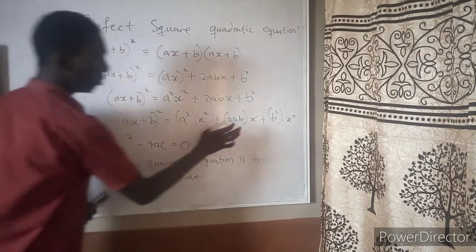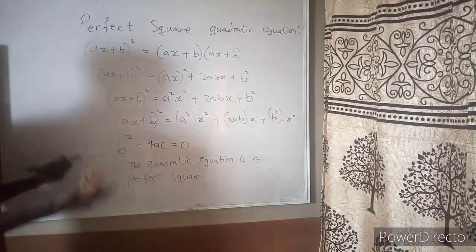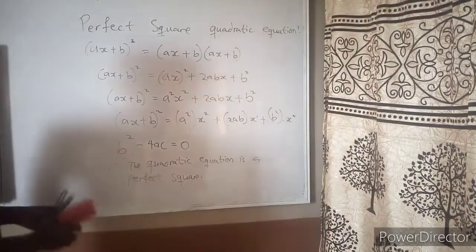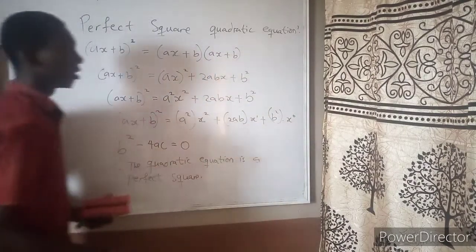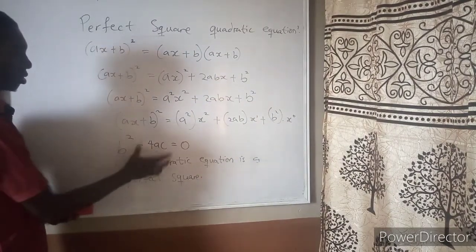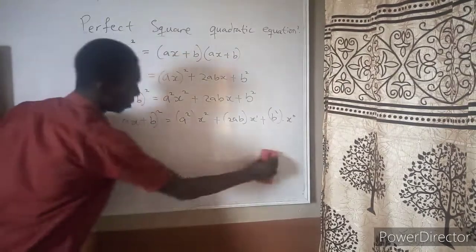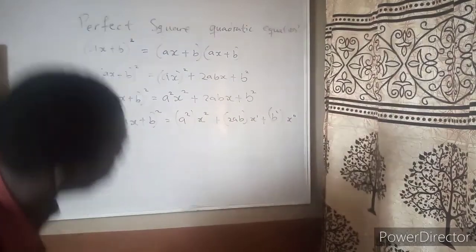So if we are just given an equation like this directly and we don't know its source, we don't know if it's coming from here or not, then you can use this to verify if it's a perfect square, according to the quadratic rules.